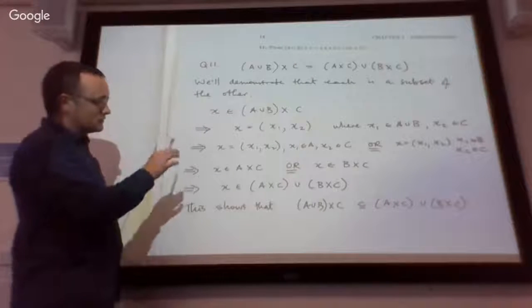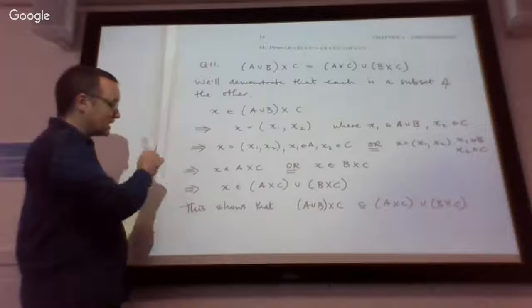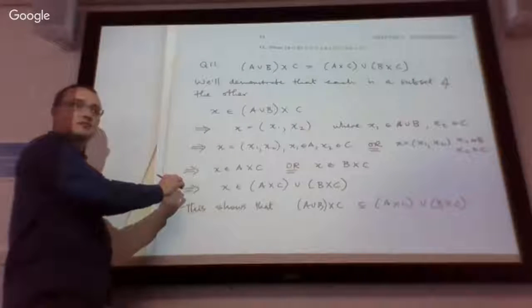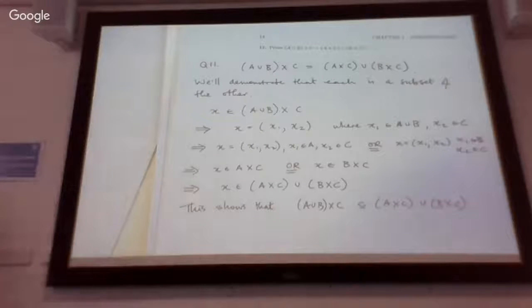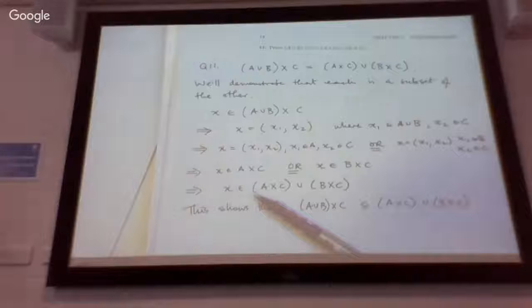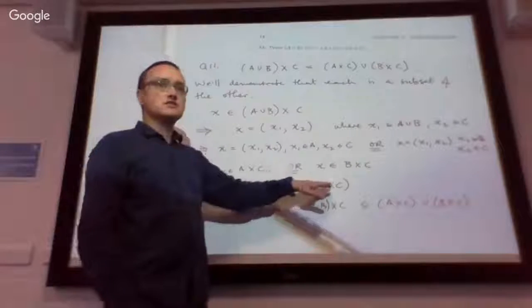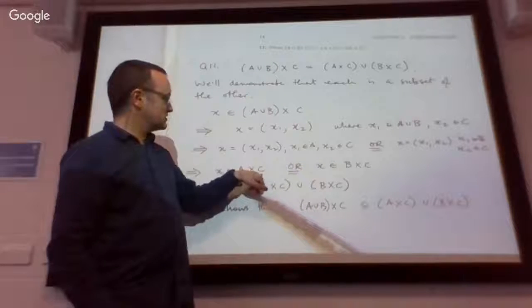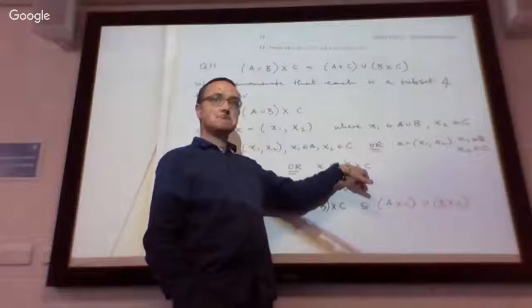Now, that's good intuition, but we should check it. Check that each of these implications, in fact, also works the other way around. Okay, so let's just check that. So now I'm starting at the bottom. So I consider an x in the union of these two sets. Okay, does that imply that x is in the first set or x is in the second set?